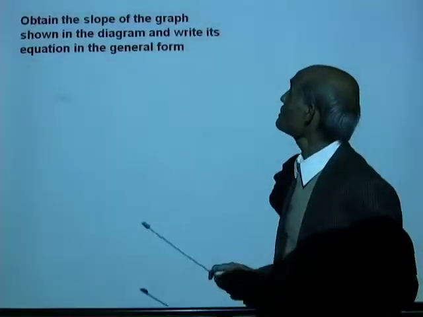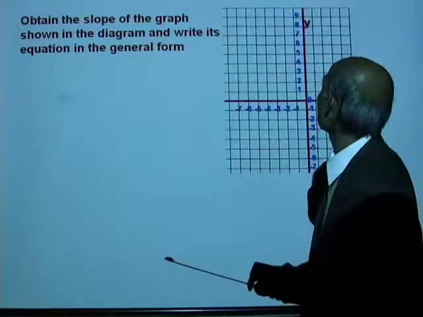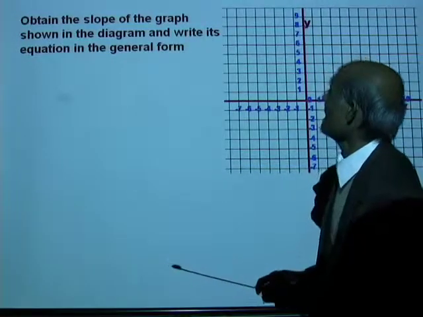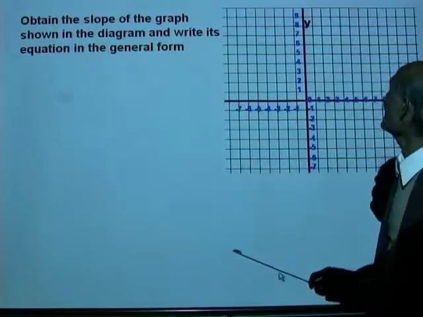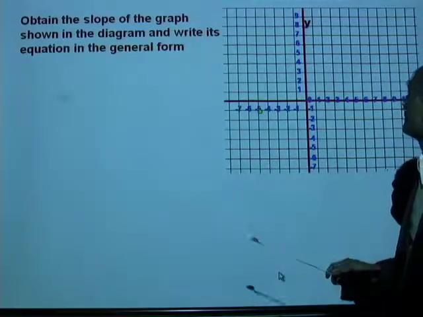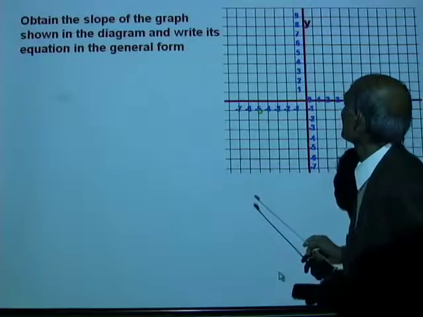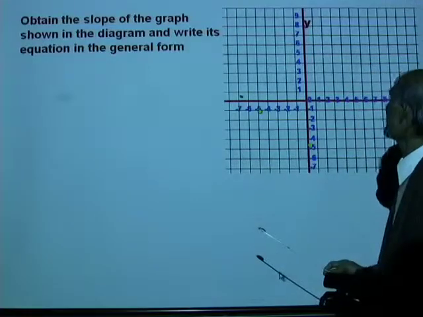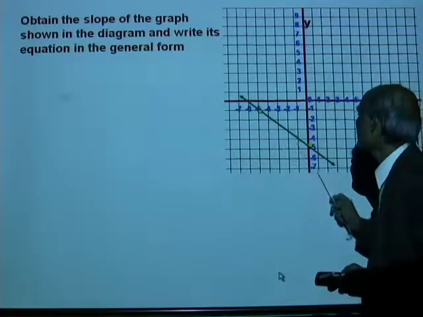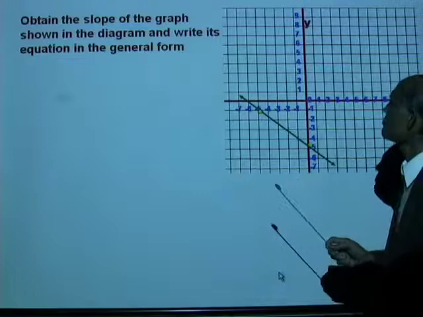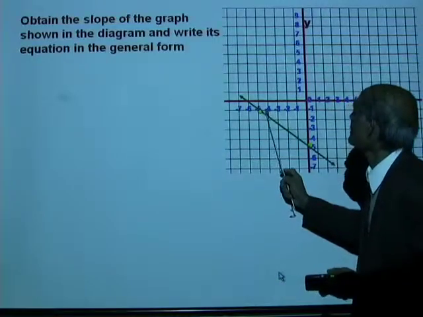Now, obtain the slope of the graph shown on the diagram and write its equation in the general form. All right, there are 2 points there and the graph connecting those 2 points. What are those 2 points?